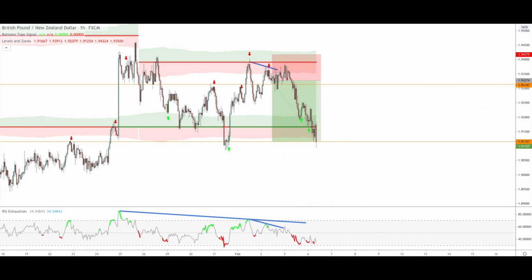The second point is that we knew the risk reward wasn't going to be amazing, and we might end up having some trouble during the downtrend around this support level, and we got some here.